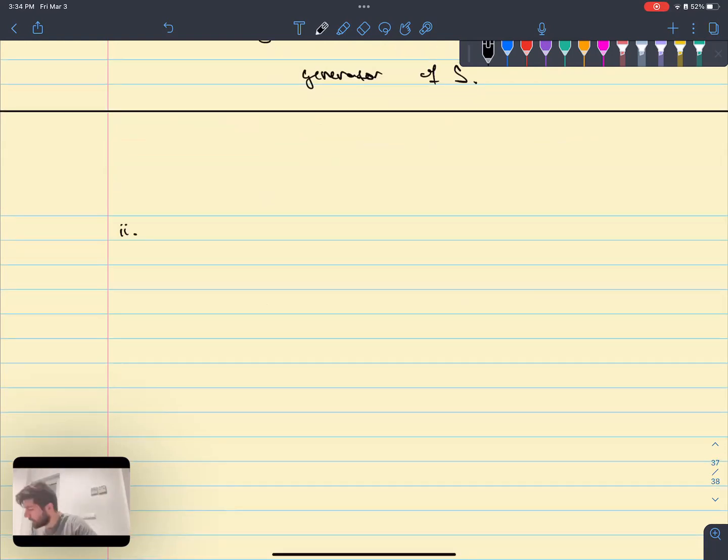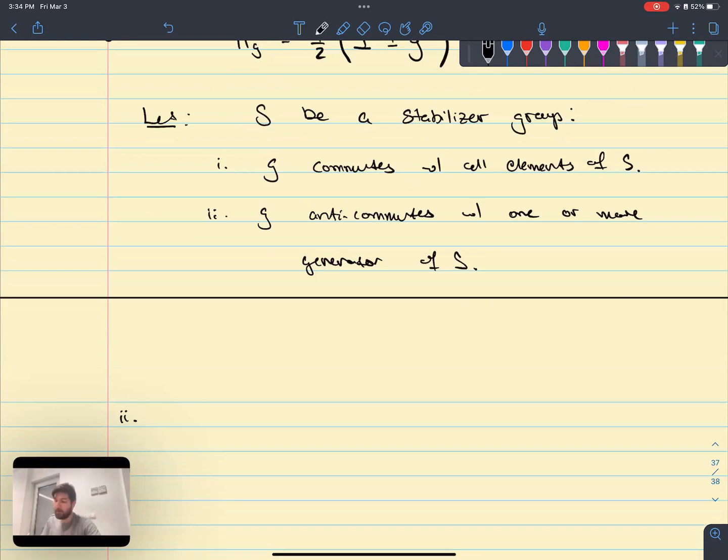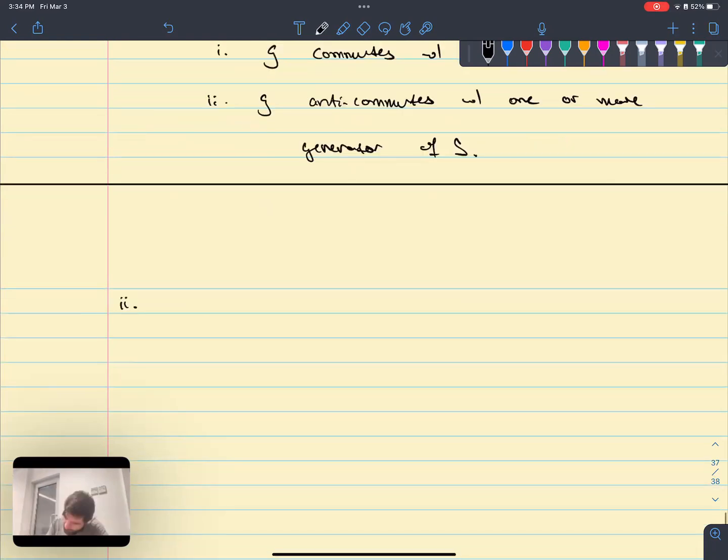It's a little bit easier to analyze. So if you have more than one generator, so we have that S is generated by G1 all the way to Gn, right? This specifies a quantum state.